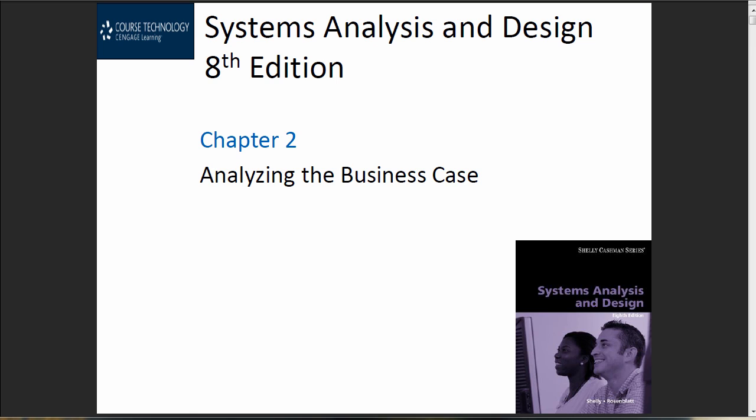This chapter is analyzing the business case. So first thing I want to point out, notice it says business case, not information technology solution. So it's imperative, although there's companies like Amazon.com and eBay and Facebook that their information technology systems are the foundation of their company.